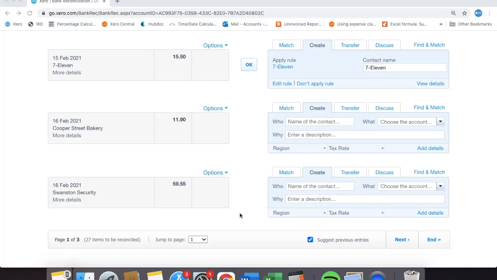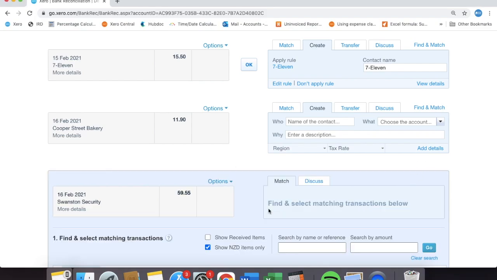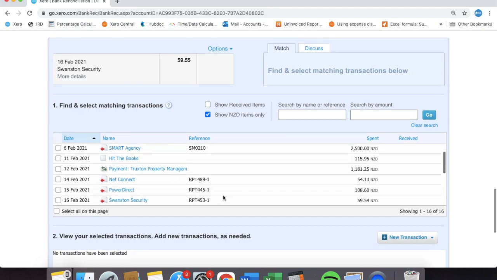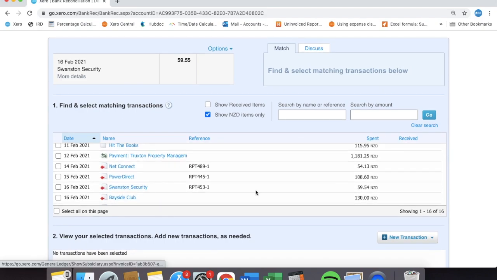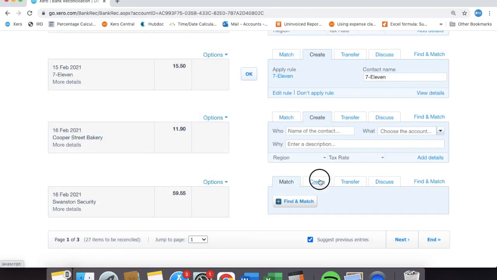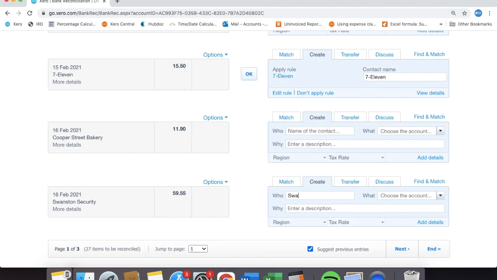So, if we take our example with Swanston Security, we know there's a bill in there for this. But if you ignore it and just create a spend money transaction, you will create a duplicate transaction.